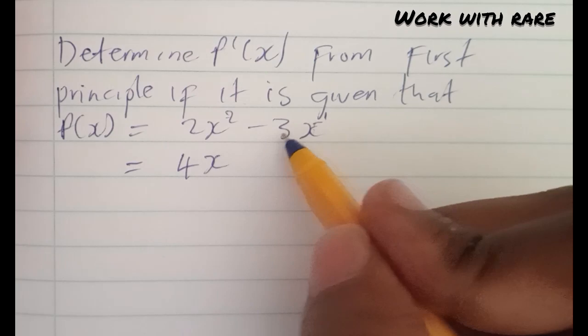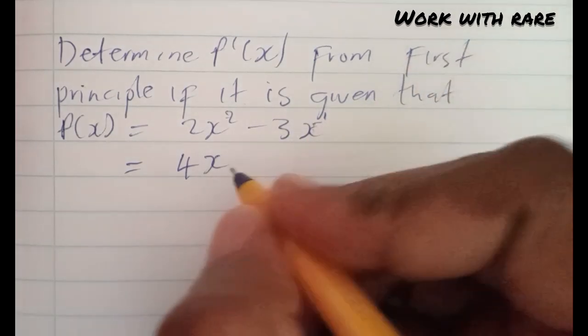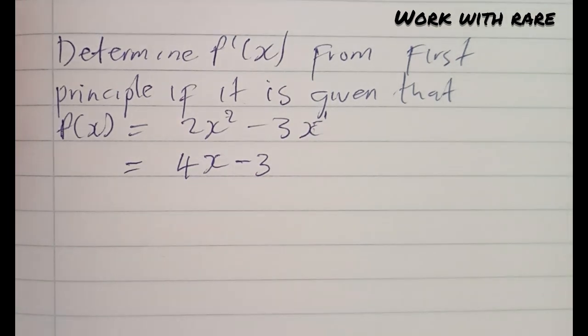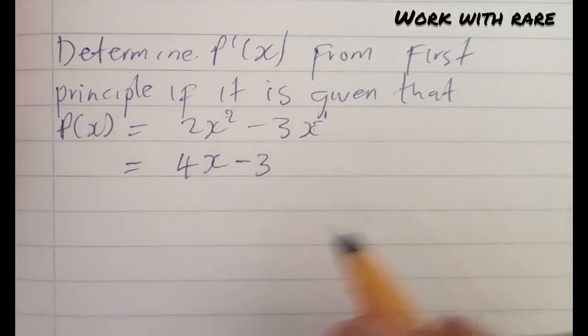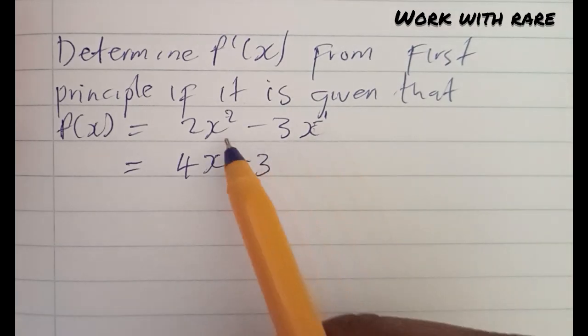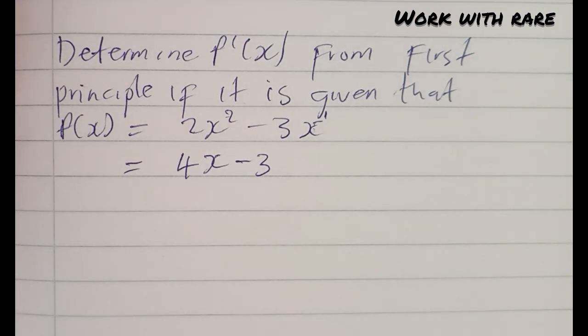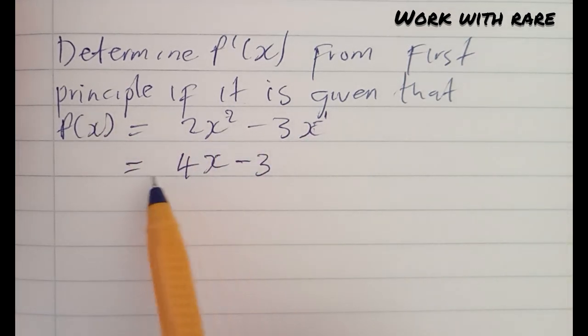So negative 3 multiplied by 1, it's negative 3. And 1 minus 1 is 0. Any number to the exponent 0, it's 1. So we'll leave it like this. So at the end we should get this, okay? But don't do this on your answer sheet. Do this on your scribbler, this part, okay?